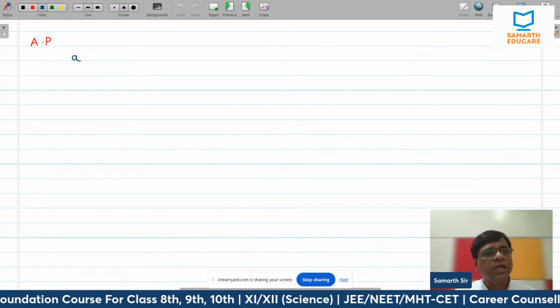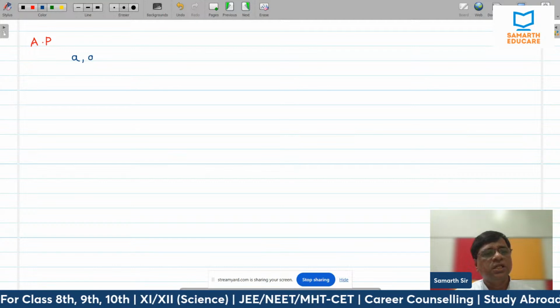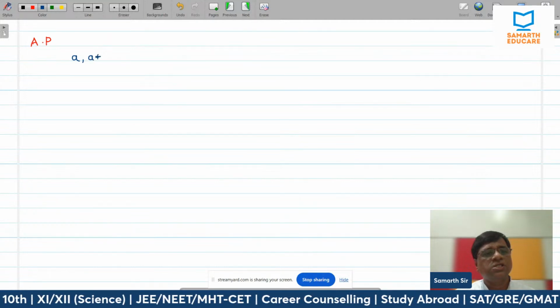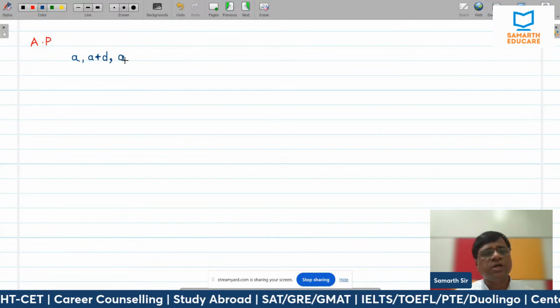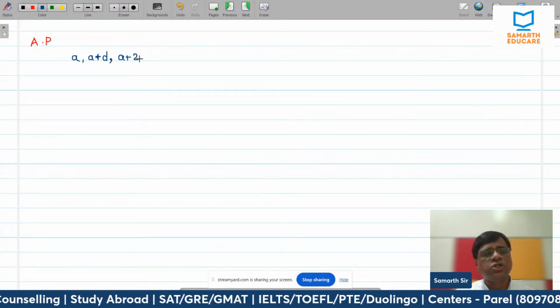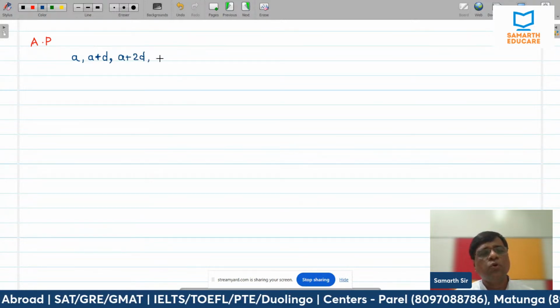First term is A, and if the common difference is D, the second term becomes A plus D. Then the third term becomes A plus 2D, and like this we can go on, right?